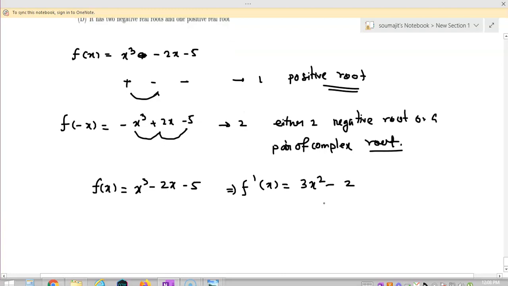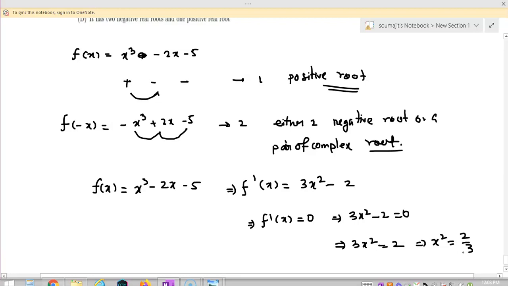Okay, so the critical points of f is f dash x equal to 0. So 3x square minus 2 is equal to 0. From this I can say that 3x square equal to 2 or x square equal to 2 by 3. Hence x equal to plus minus root 2 by 3.